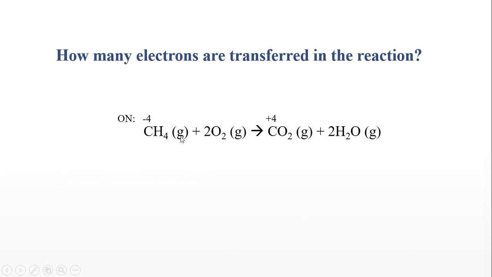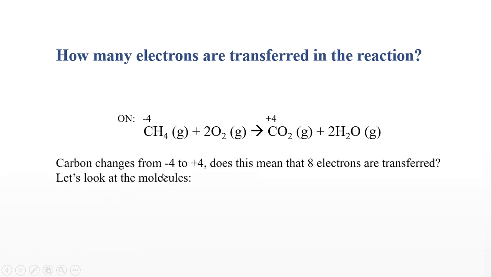Okay. So, how many electrons are transferred in this reaction? Well, first and foremost, I've removed all the other oxidation numbers, so we just keep track of the carbon for now. Carbon changes from -4 to +4. That's a large difference, right? Does that mean that we have 8 electrons being transferred?